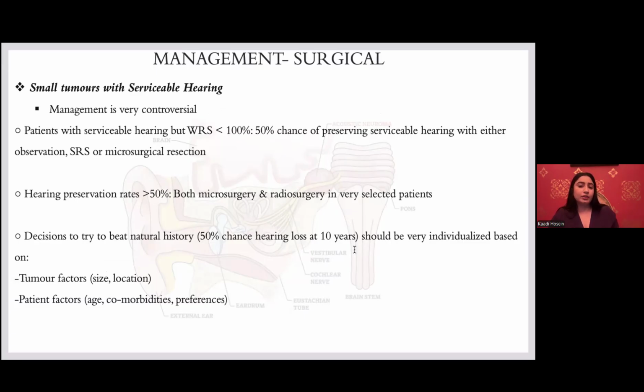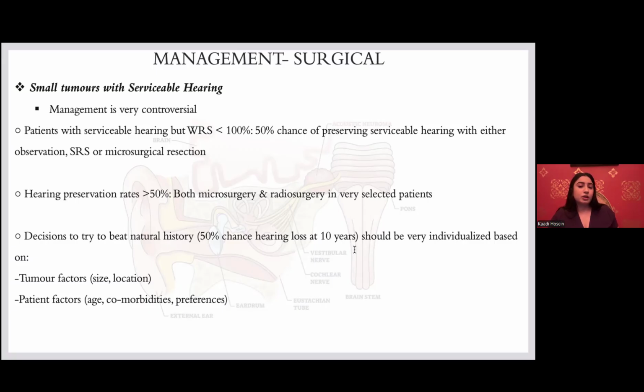And this is with either observation, SRS, or microsurgical resection. So observation is strongly recommended as the initial management. Hearing preservation rates better than 50% have been reported for both microsurgery and radiosurgery in very selected patients. These are those with smaller tumors located medially in the internal auditory canal and intact pre-op ABRs.